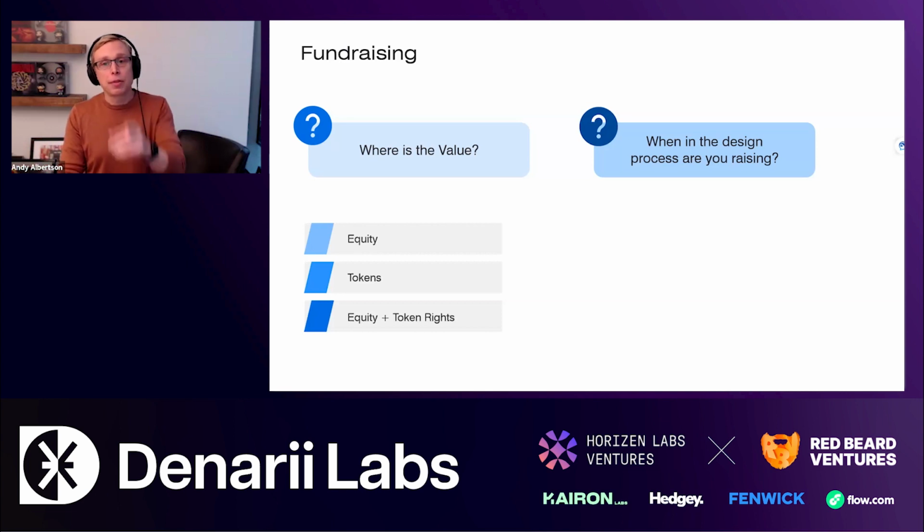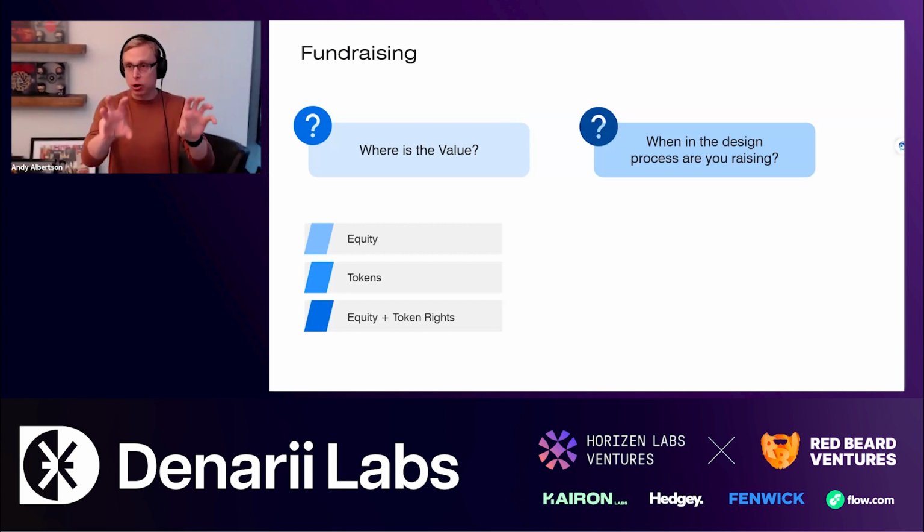Now, the next box here: when in the design are you raising? This is intended to flag the founder round that we just talked about. And this is that tax issue that I wanted to circle back on. So if we are raising equity, a SAFE and token warrant, what we do is we allocate 99.9999 percent of the basis to the equity side.